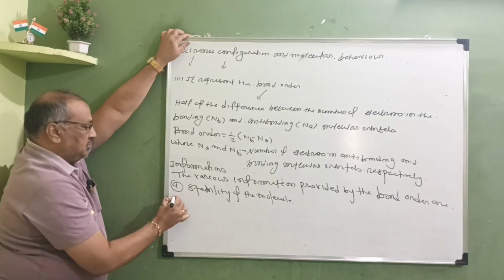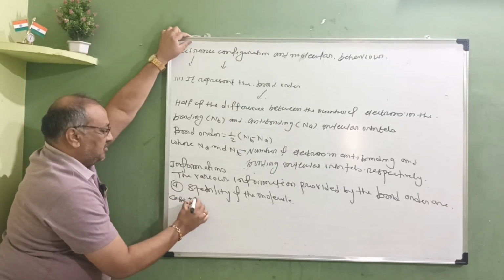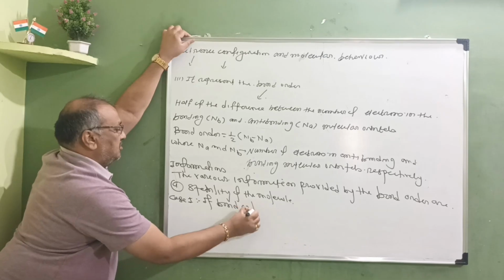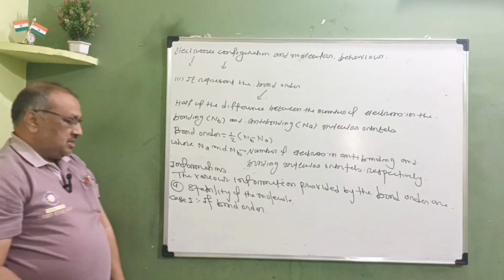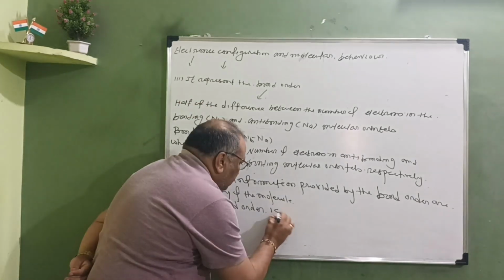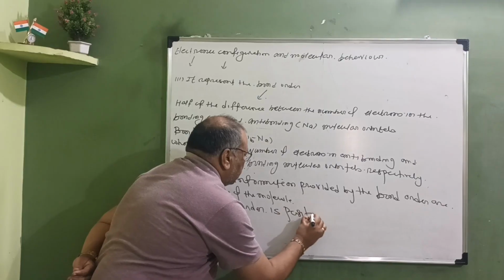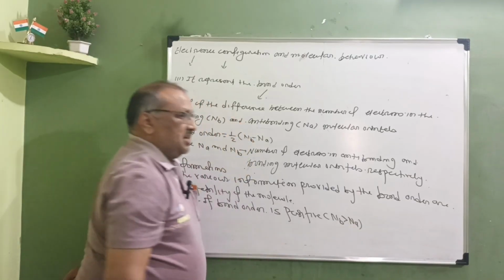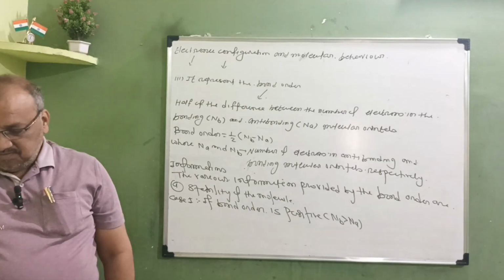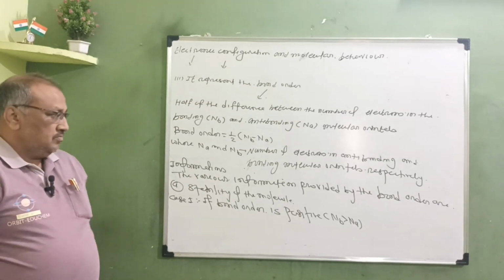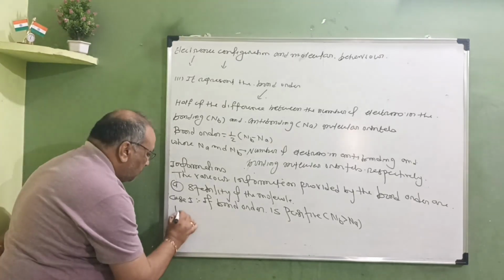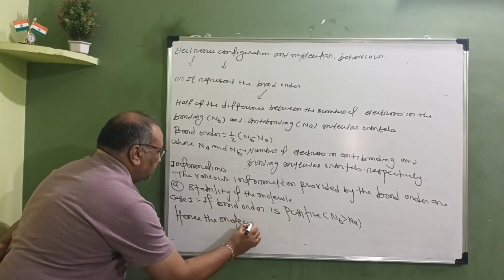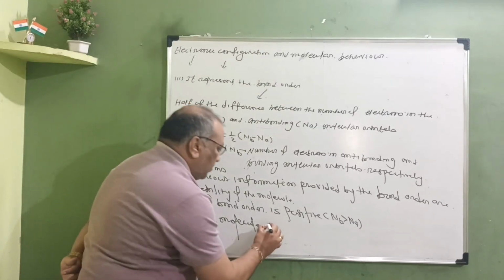Here write down case 1, if bond order is positive, that means Nb is greater than Na, hence the molecule is stable.